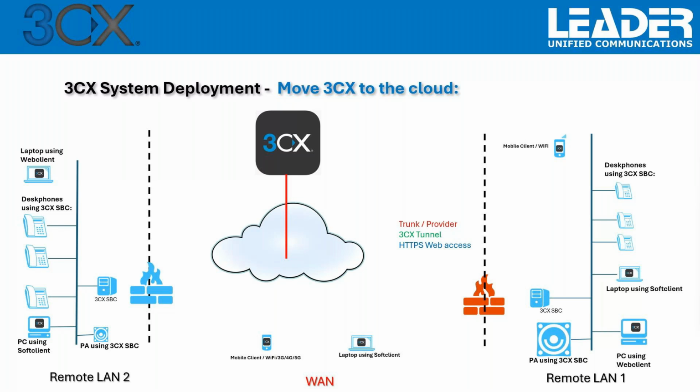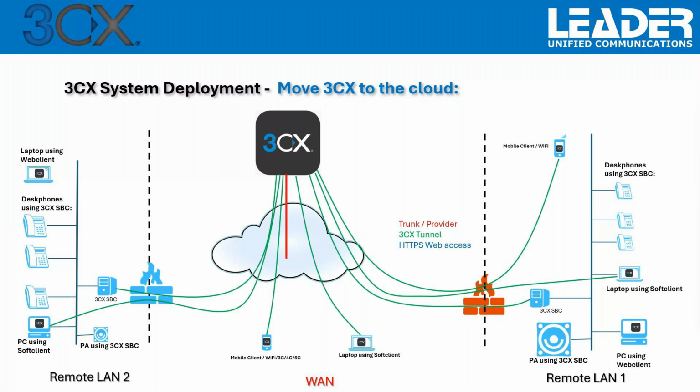We use the same FQDN for the phone system, and since the phones use also that FQDN, they will straight away reconnect to the phone system without having the need to be reprovisioned or whatever.